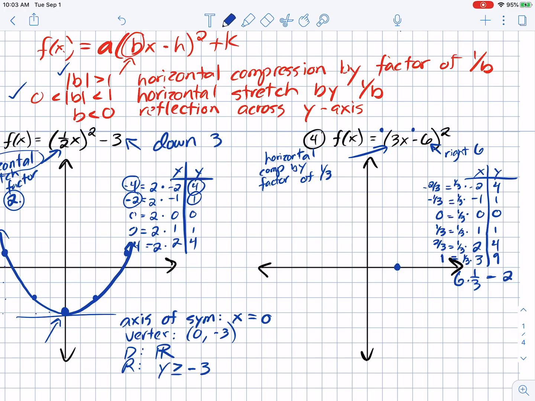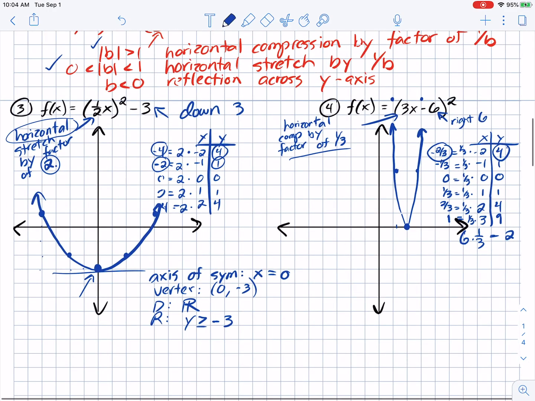So let's plot the negative 2/3 and positive 4. Negative 2/3 is about right here. Positive 4 would be right here. Do the same on the other side. You can hopefully see this graph is really tightly squeezed together because of this horizontal compression by a factor of 1/3.